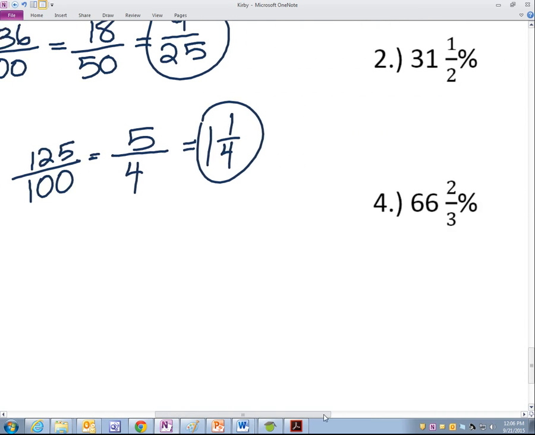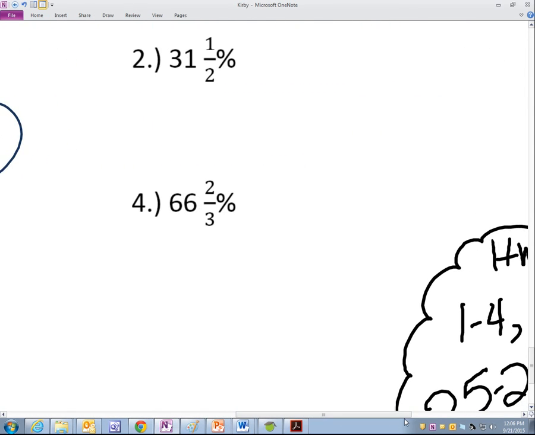Lastly, these two, 31 1/2. 31 1/2 becomes 31.5%. Move the decimal place over 2, which is .315, a batting average.